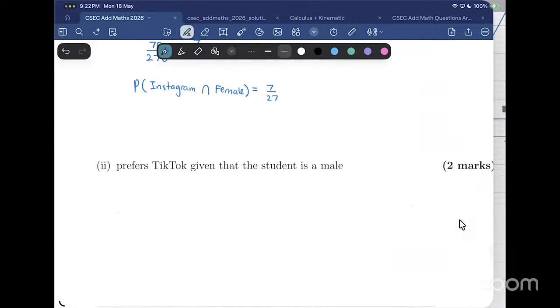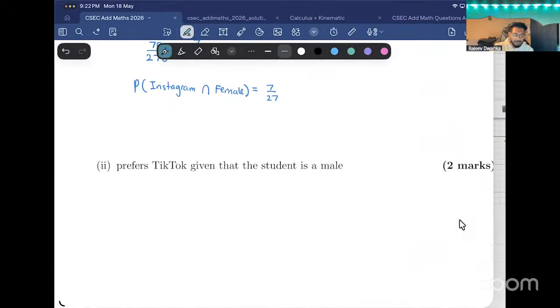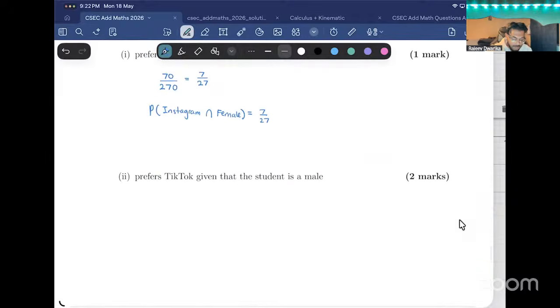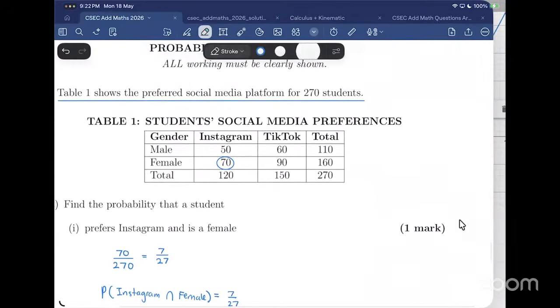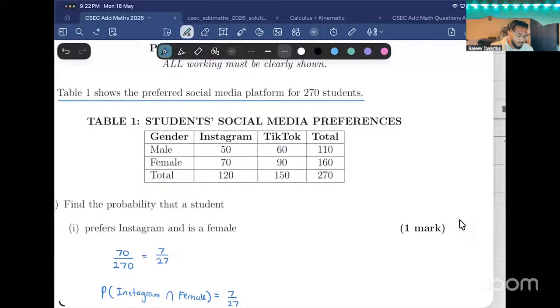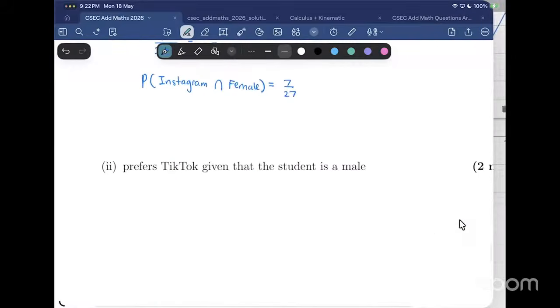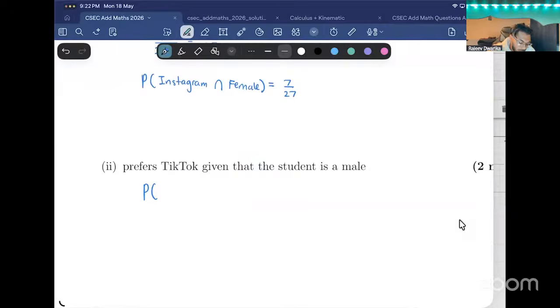Then they're saying prefers TikTok given that the student is a male. So how are we going to do that? 60 over 270. Yep. How would you write that properly in notation?